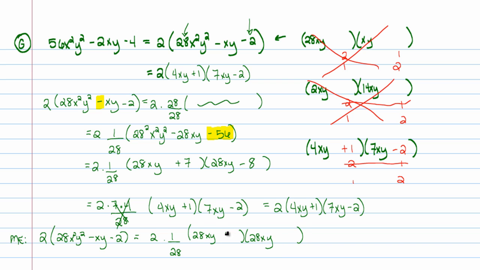Two numbers that multiply to a times c, which is 56, and add to negative 1 are 8 and 7. It has to add to negative 1, so it's a negative 8 and a positive 7. Then I can factor the 7 and the 4 out. So I'll have 2 times, factoring out 7, 4xy + 1, and factoring out the 4, 7xy − 2.